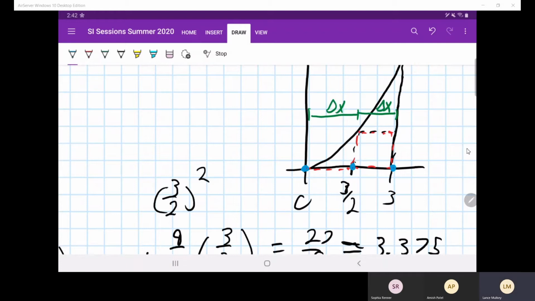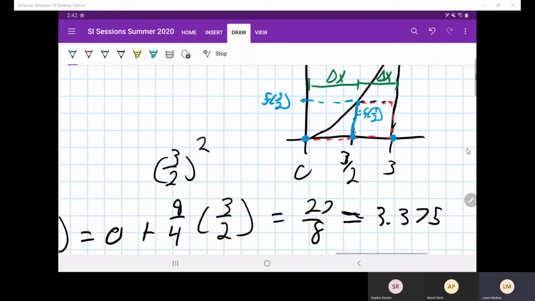X equals 3/2. And then the height, this right here, equals f of 3/2. You can't see that, but all right.